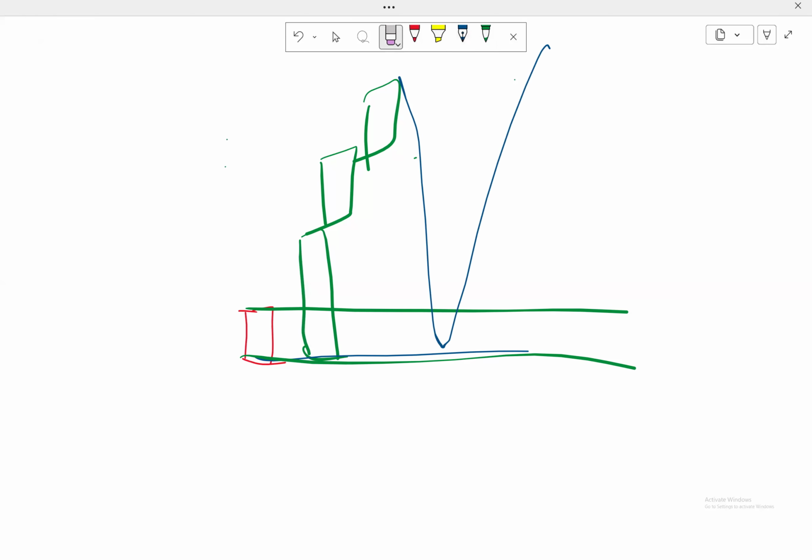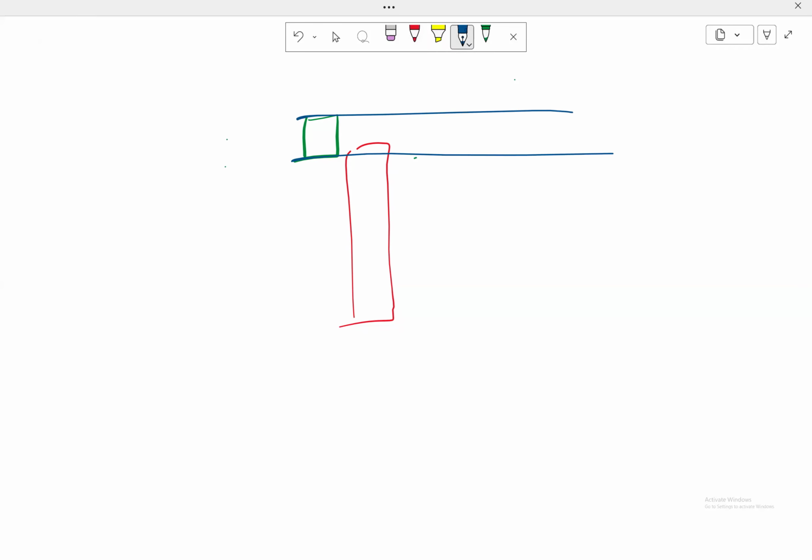And the same thing, the last bullish candle before a significant bearish move is your order block. So this zone here is your order block.